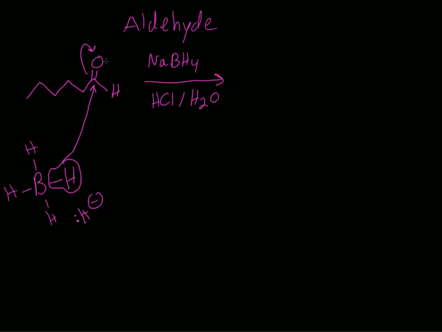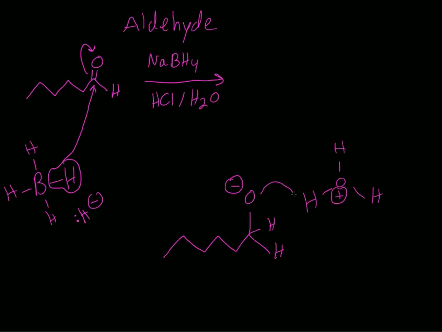That pi bond's being broken, and we are going to get something that looks like this, O minus. And then our HCl H2O is going to protonate this, so I'll just write water, or actually I could write even hydronium. We'll protonate that oxygen to give us something that looks like this.